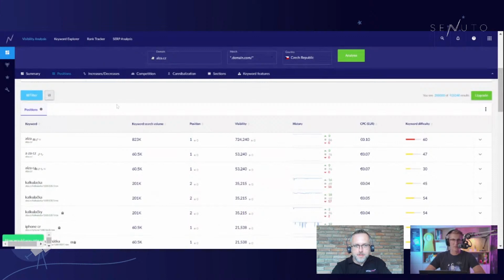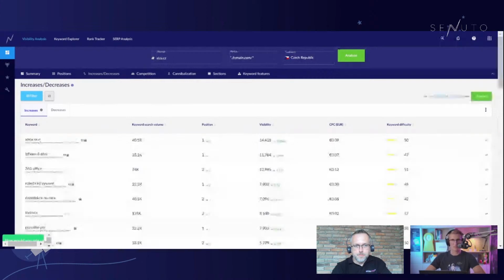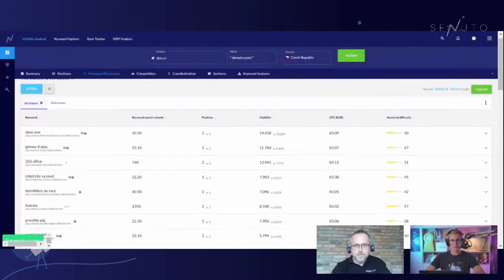We know that websites live on the internet. So it's not only the keywords that are there right now, but we also have some strategy, we can say. For ALZA, the strategy could be that we are, for example, selling some products, we have some new offers and so on. So the most important thing will be the increases part that we can check over here.